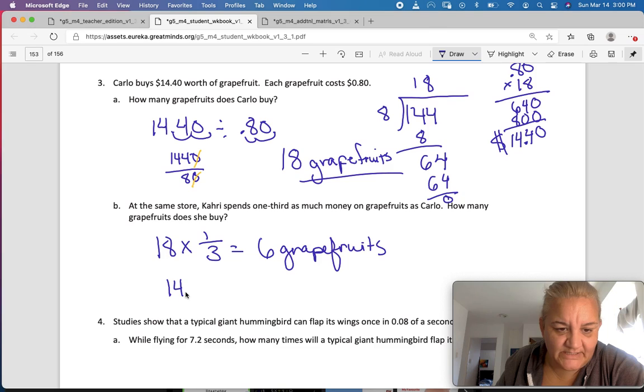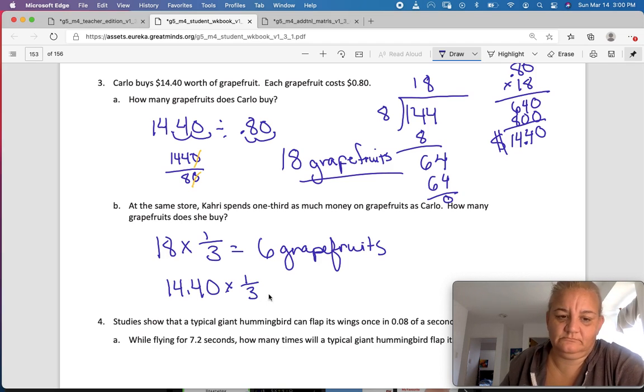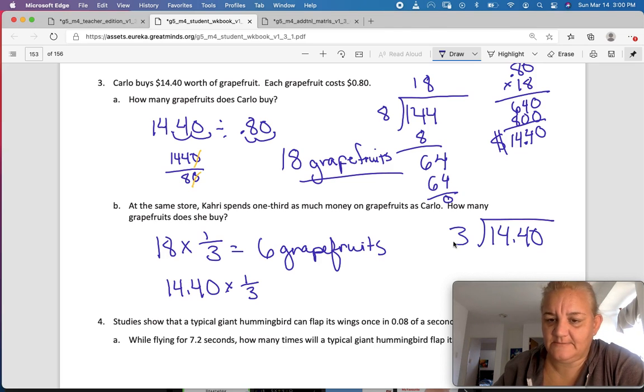So $14.40 times 1/3 would be the same as $14.40 divided by 3, right? So 3 into 14 would be 4.